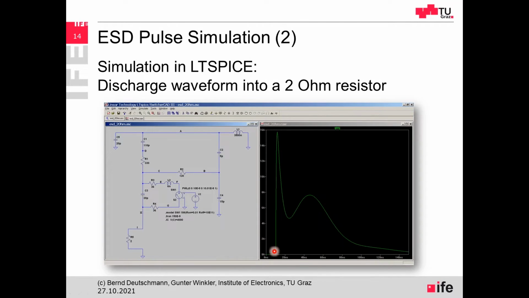And here on the right-hand side, you can also see the typical discharge waveform, as I mentioned before, that is standardized in this automotive standard, for example. And this can also be used, as I said, to pre-estimate if your electronic system will survive these ESD tests or if there will be a kind of malfunction within your system.